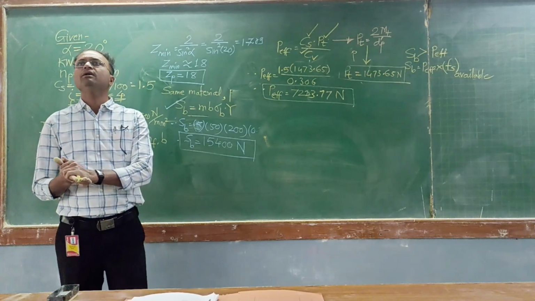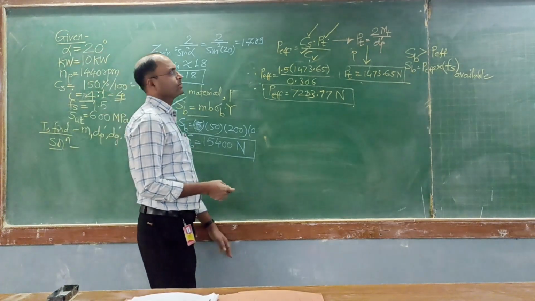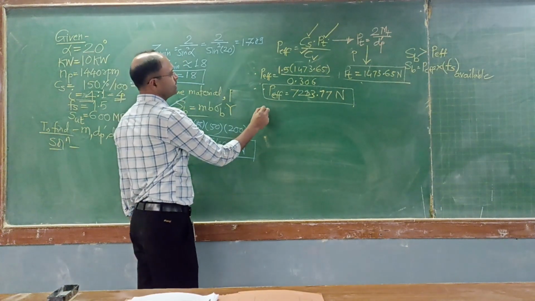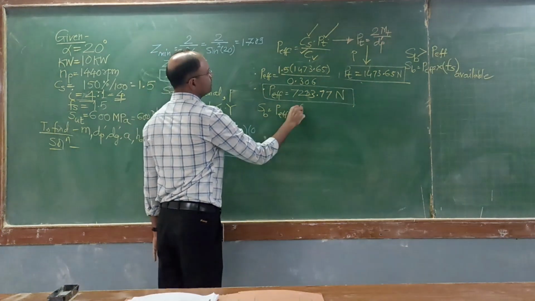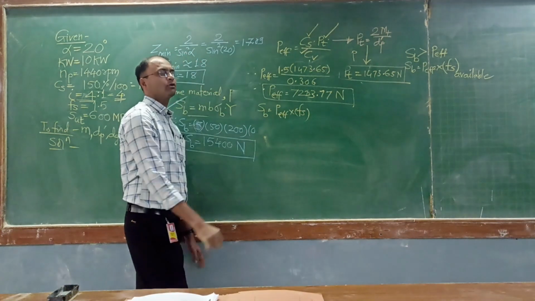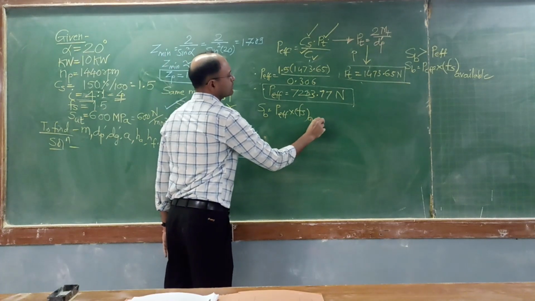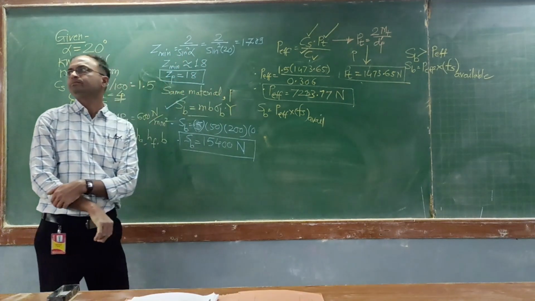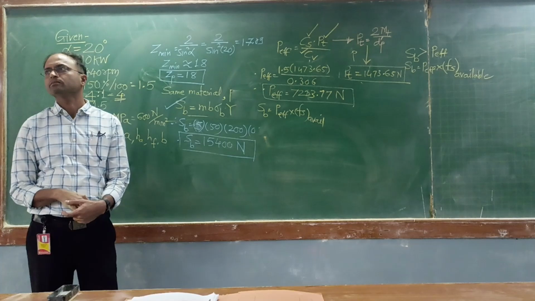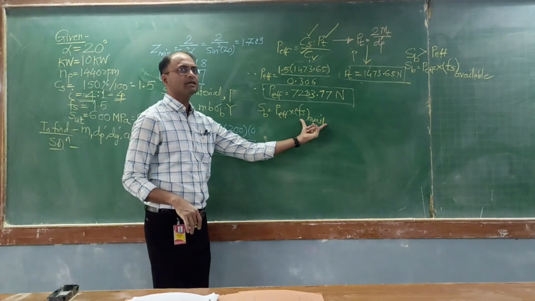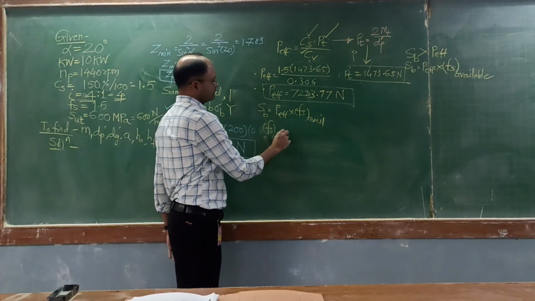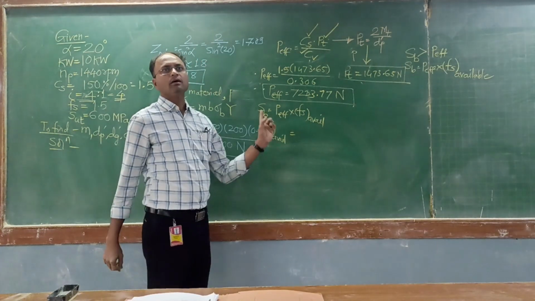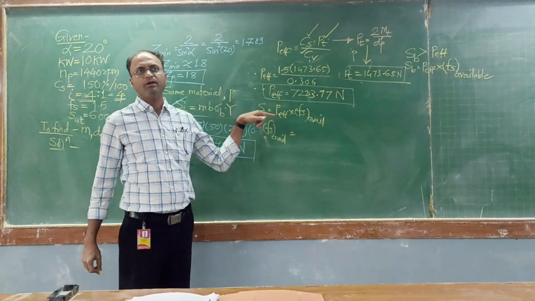Therefore, finding the available factor of safety. Using SB is equal to P effective into factor of safety available. Therefore, Fs available is equal to SB upon P effective.